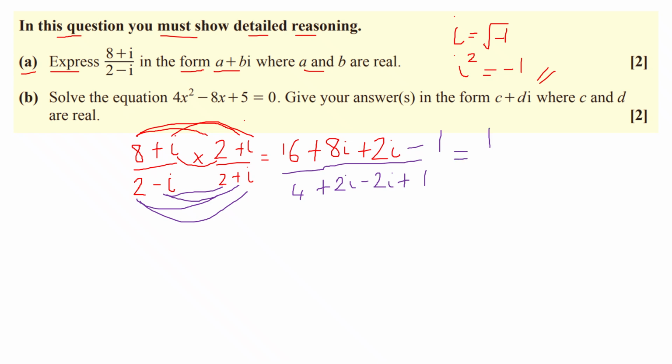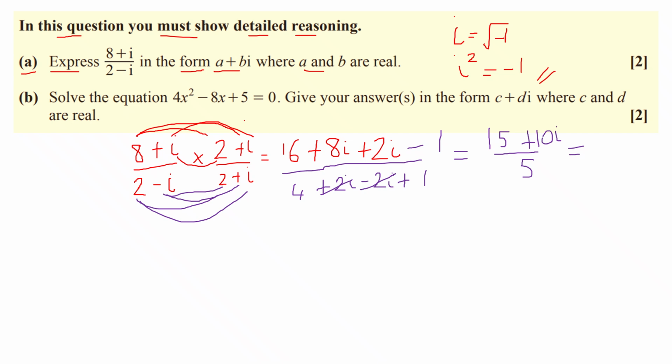16 minus 1 is 15. And plus 8i, adding another 2i, makes plus 10i in total. All divided by 4 plus 1, which is 5. The plus 2i and minus 2i cancel each other out, leaving us with a whole number on the bottom.